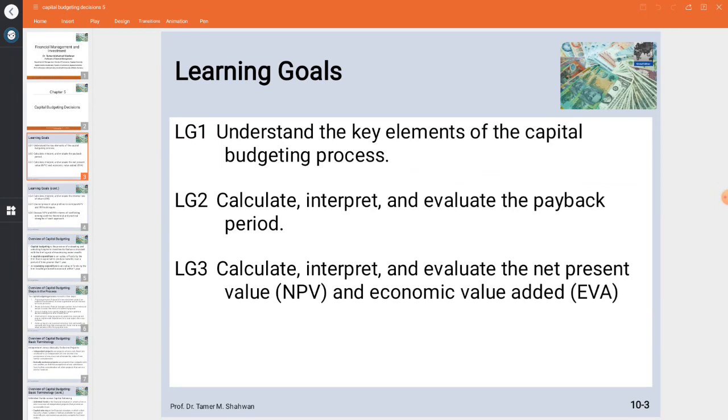Number one, understand the key elements of the capital budgeting process. Number two, calculate and interpret different techniques related to the capital budgeting process, such as the payback period. Second approach, the net present value. The third approach, economic value added.